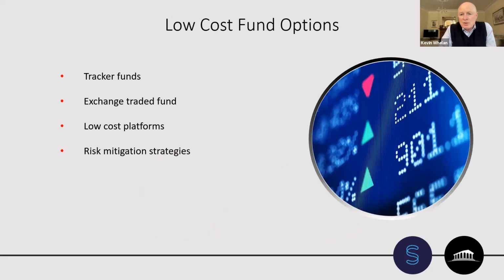But with a SSAS, you're not really doing that because you don't need the intermediation. You can usually buy low-cost fund options, super low-cost tracker funds or exchange-traded funds, ETFs. You can get access to low-cost platforms at 0.1 instead of the biggest SIPP in the UK at 0.45.